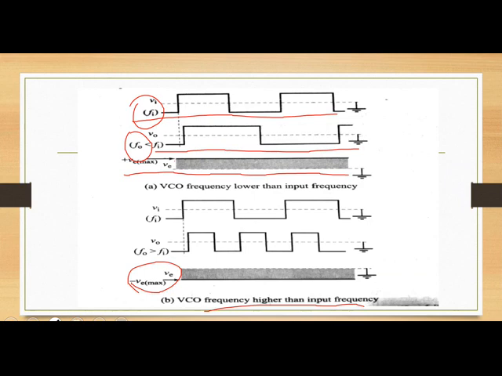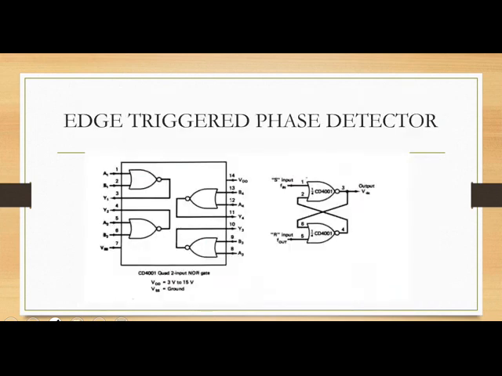Whereas if we have a pulse with the duty cycle which is less than 50%, then we go for edge triggered phase detector. So edge triggered phase detector is used when both Fi and F0 are pulse waveforms with the duty cycle less than 50%.